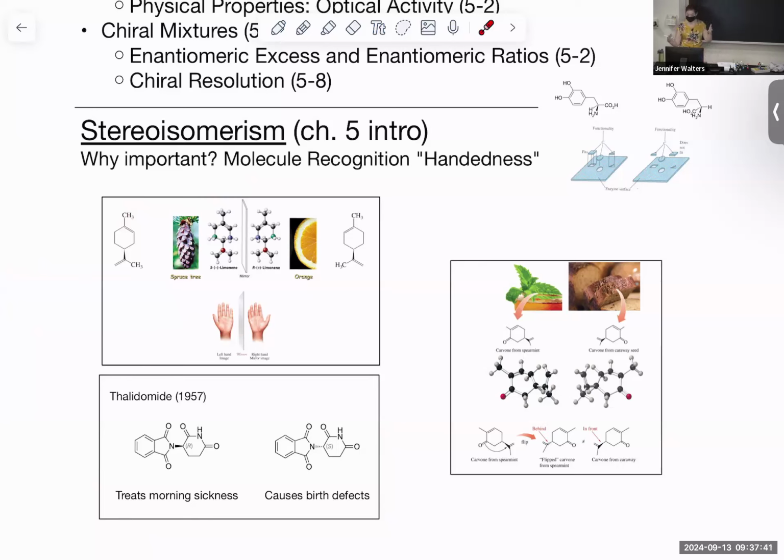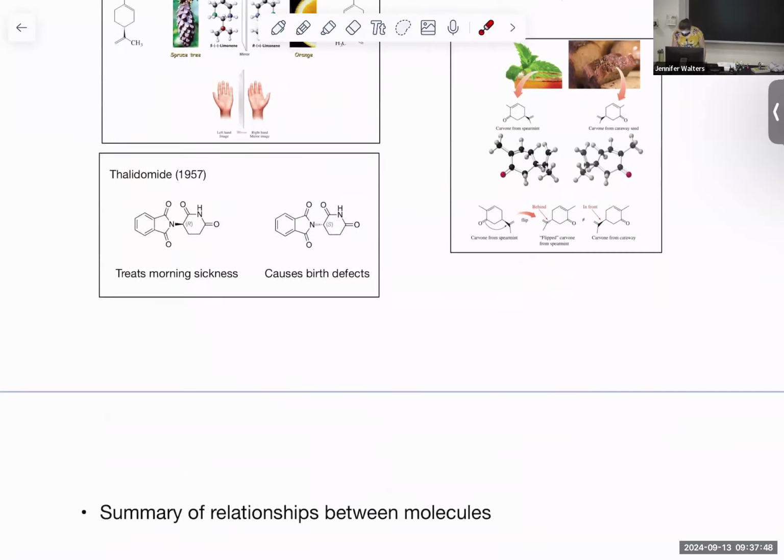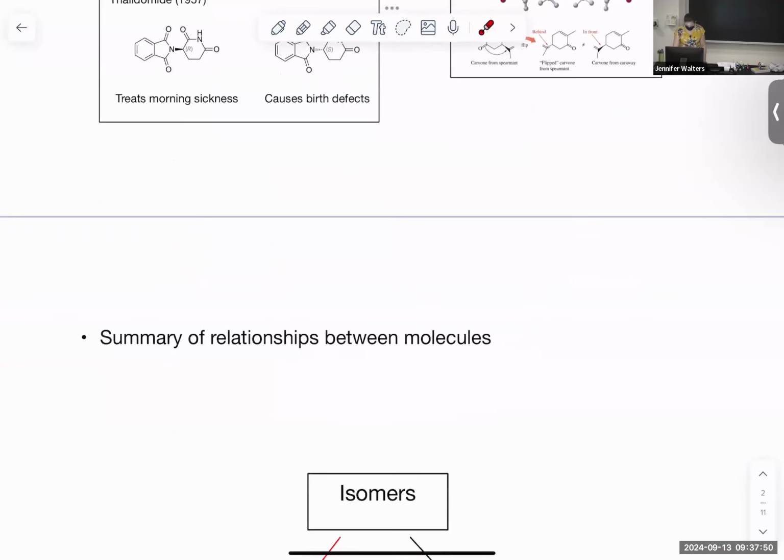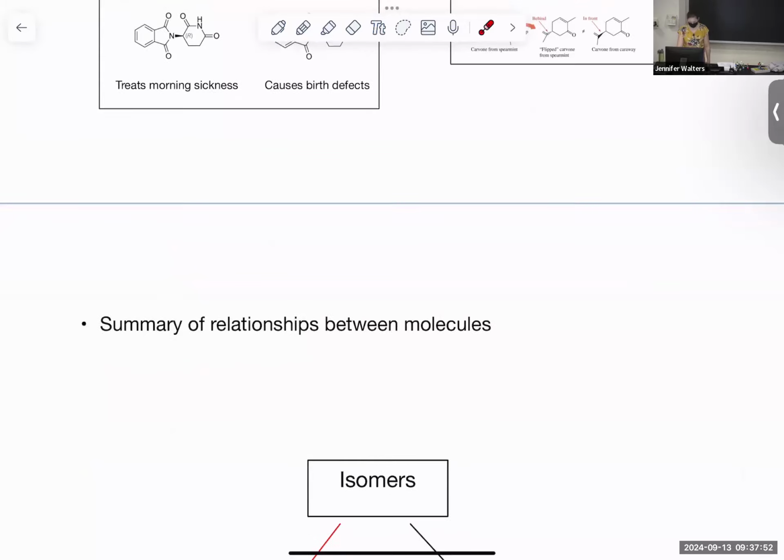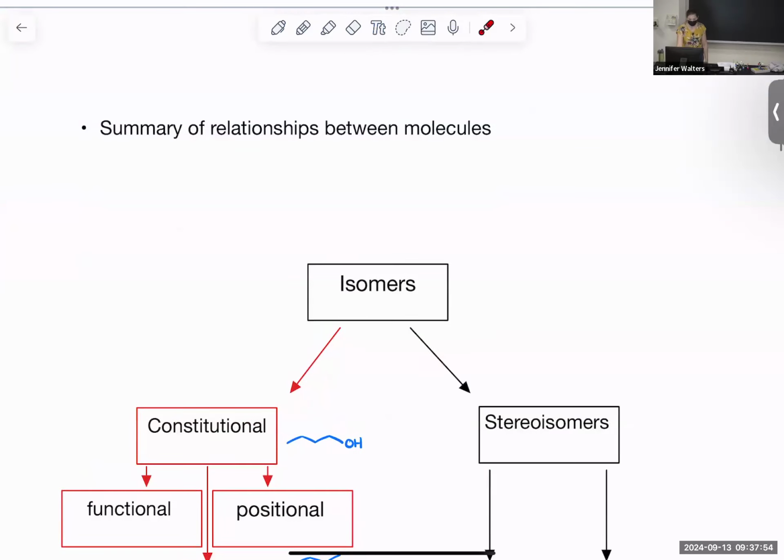I just find that fascinating, that the body is like, one heals, one destroys. It's not always that way, but it seems like a lot of pharmaceuticals have that, where the chirality matters.